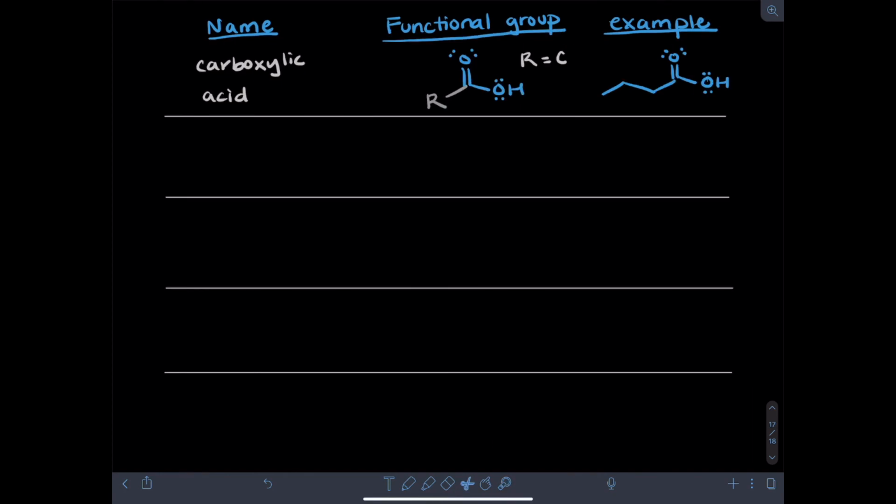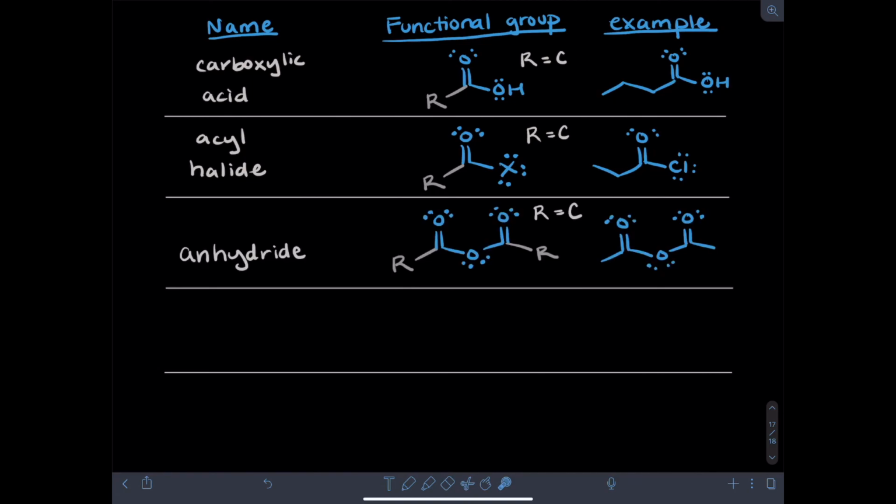A carboxylic acid is when you have a carbon-oxygen double bond with the carbon attached to an OH group. An acyl halide has your carbon-oxygen double bond attached to a halogen, which could be fluorine, chlorine, bromine, or iodine.